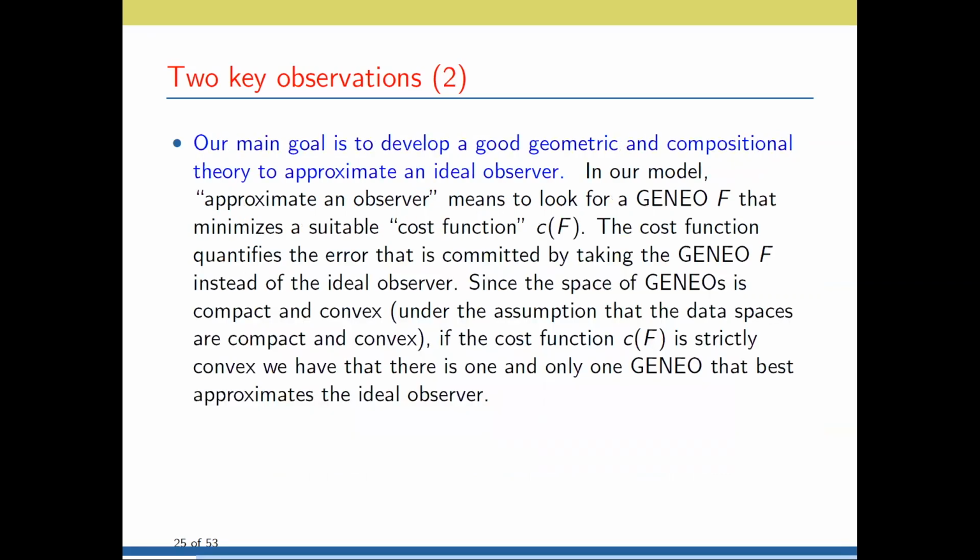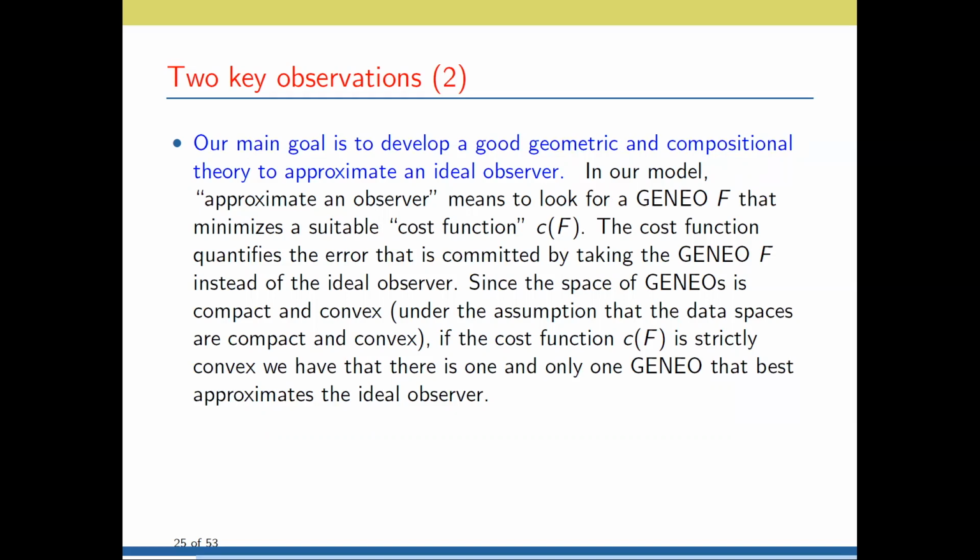Another key observation is this one. Our main goal is to develop a good geometric and compositional theory to approximate an ideal observer. For example, in applications, the ideal physician looking at the results of examinations, tests, and so on. In our model, approximating observers means looking for a GENEO F that minimizes a suitable cost function.